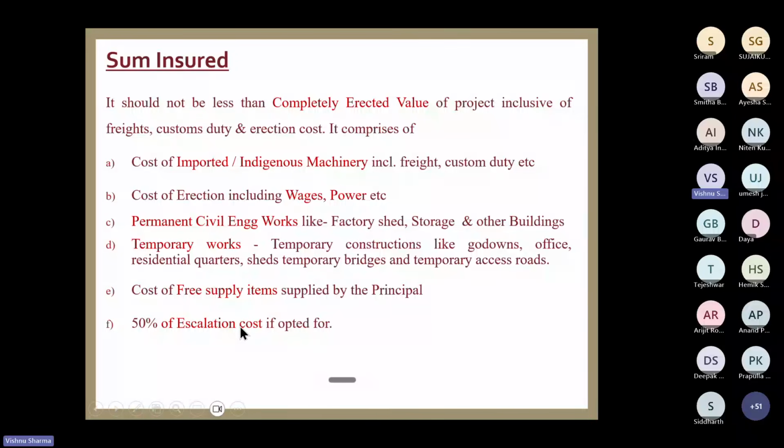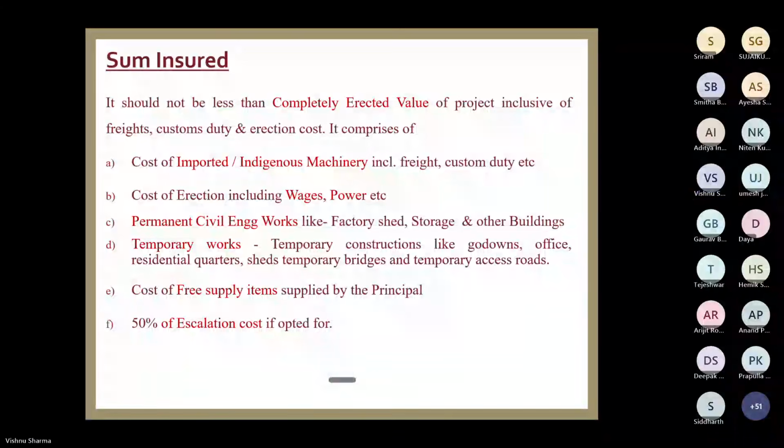If you have asked for escalation, which nowadays is given free of cost, technically we are supposed to charge on 50% of the escalation amount, and that is supposed to be added in the policy sum insured. But it is not being done because of the free market.